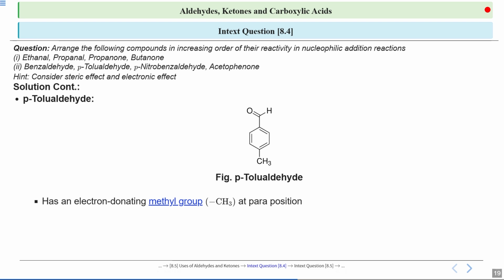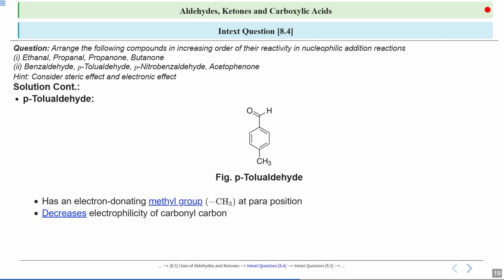Now, if this methyl group is pushing the electron density towards the carbonyl carbon, will that carbonyl carbon be in need of the electrons? No. The electron donating nature of the methyl group decreases the electrophilicity of the carbonyl carbon.